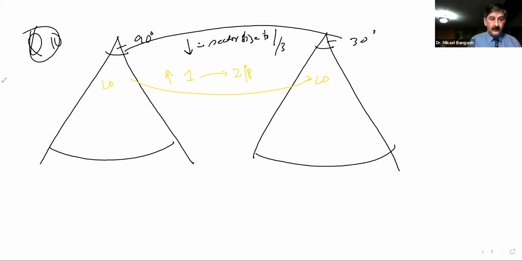So on one side we had a decrease in the sector size, but on the other side, we had an increase in the line density. The change in sector size is from 90 degrees to 30 degrees. The increase in the line density is from 1 pulse per degree angle to 2 pulses per degree angle. What will happen to the frame rate?